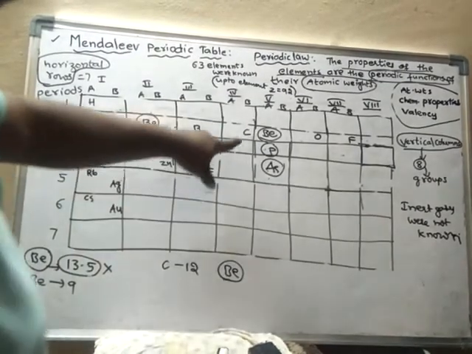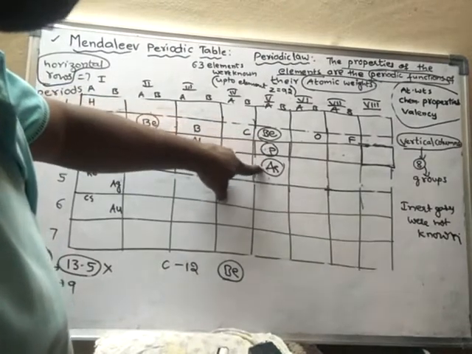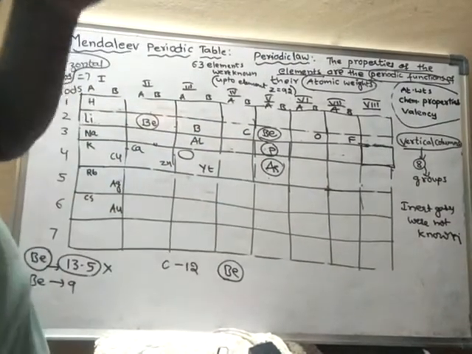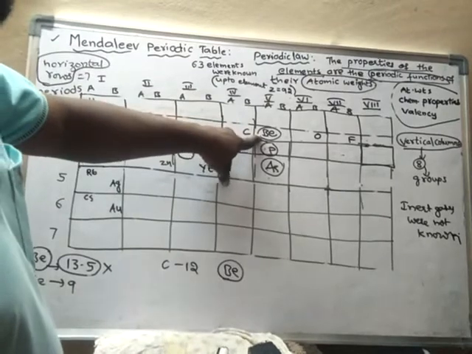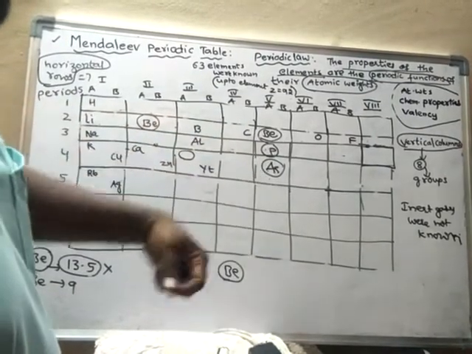But when beryllium was placed here along with phosphorus, arsenic and some other elements, it was not showing similar properties with the other members of its group.